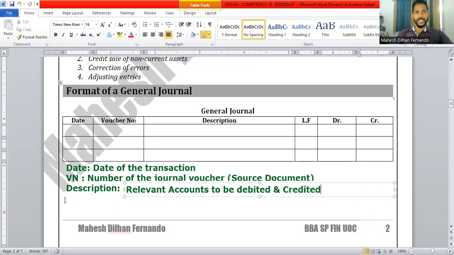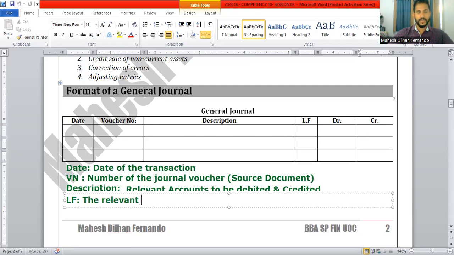We all know what LF is: the relevant ledger page numbers.